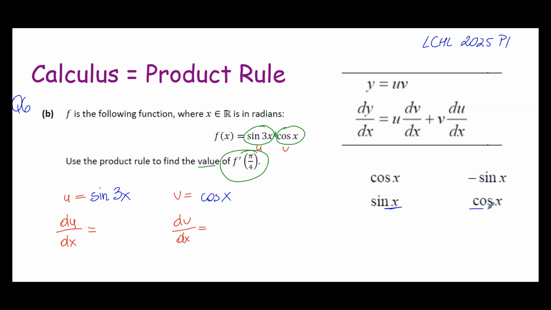With that being 3x, it is a function within a function. Therefore, we multiply by the derivative of that bracket. The derivative of 3x is 3. So here our derivative is going to be 3 cos 3x, yeah?